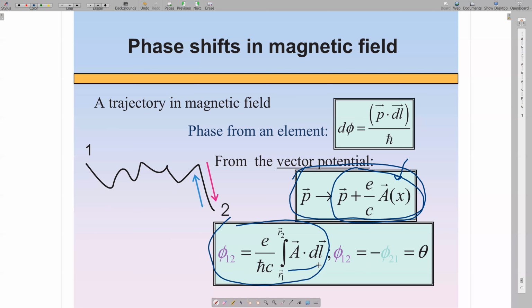This means that if we take the same trajectory in the opposite direction, we get the opposite phase shift. Right. It is another source of the phase, and you might guess how it is called.